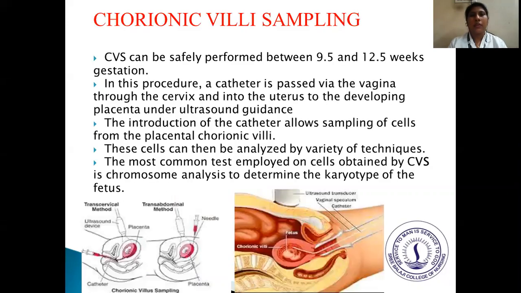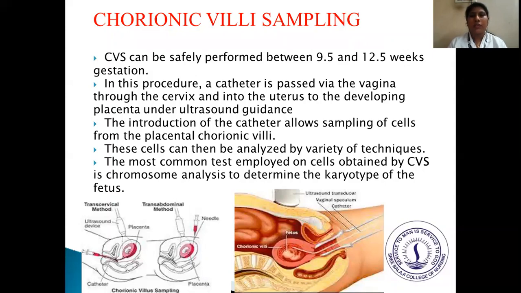Then chorionic villus sampling. What is that? Chorionic villus sampling is safely performed between 9.5 and 12.5 weeks of gestation. In this procedure, a catheter is passed via the vagina through the cervix and into the uterus to the developing placenta under ultrasound guidance.